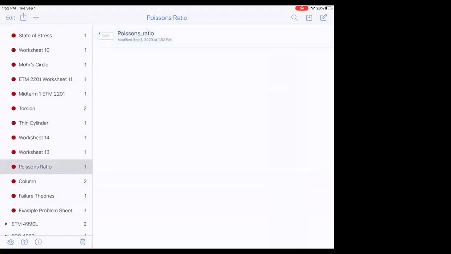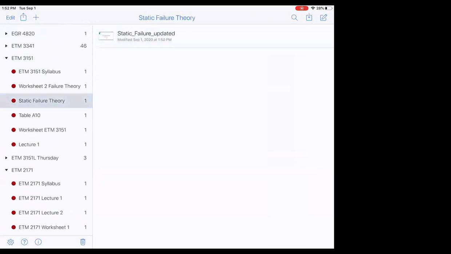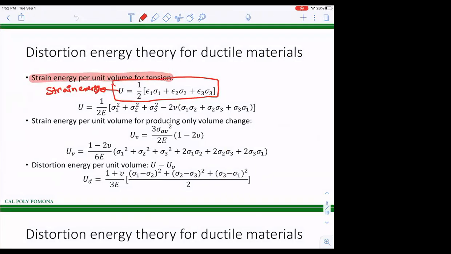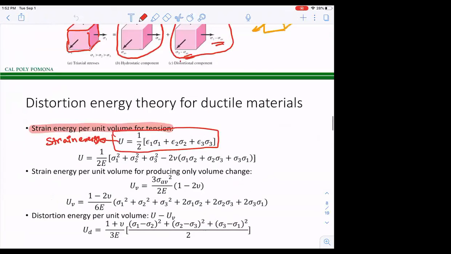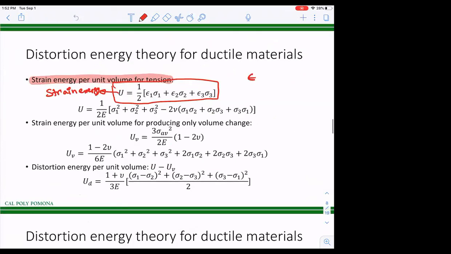So if we come back to our current lecture, if I say the one direction is my x direction, then my epsilon 1 is going to be sigma 1 by E minus Poisson's ratio, sigma 2 by E minus Poisson's ratio, sigma 3 by E. That's my total axial strain in the one direction.